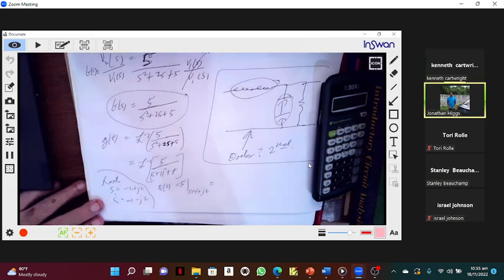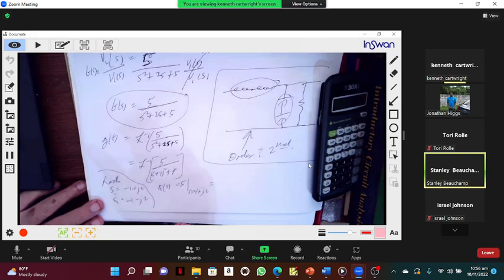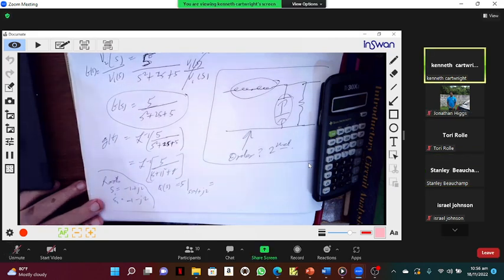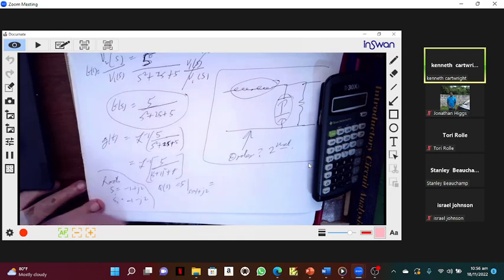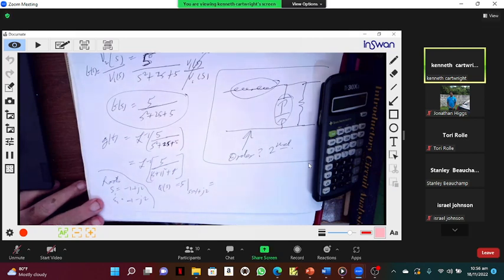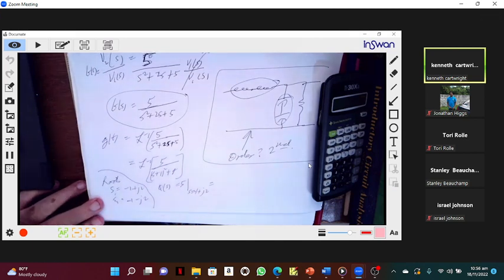Q(s) does not depend upon s. I don't know why you are talking about degrees. Q(s) equals 5. For any value of s, Q(s) equals 5.